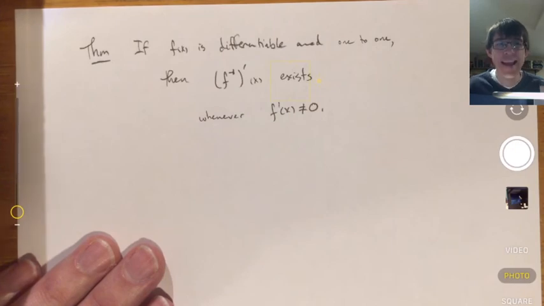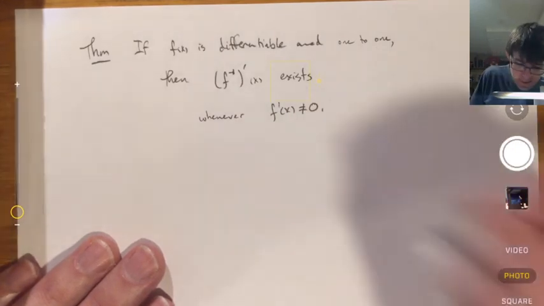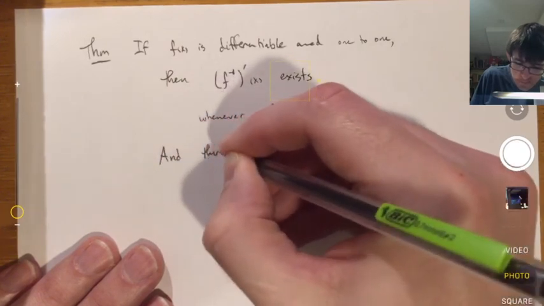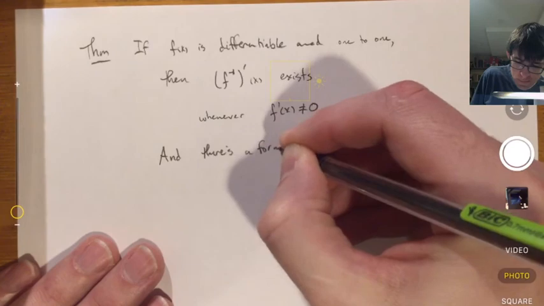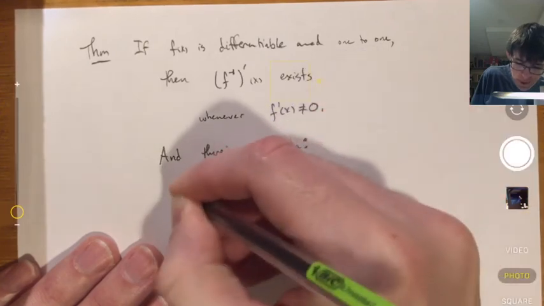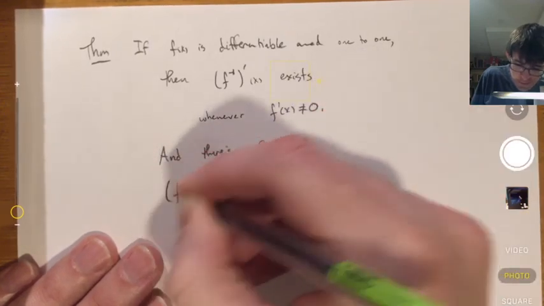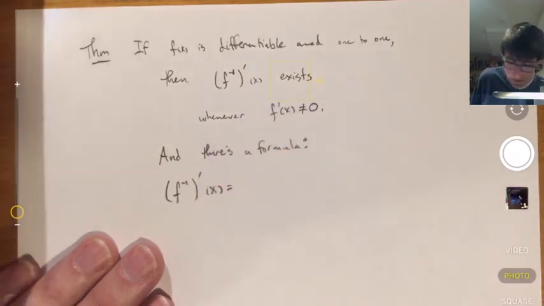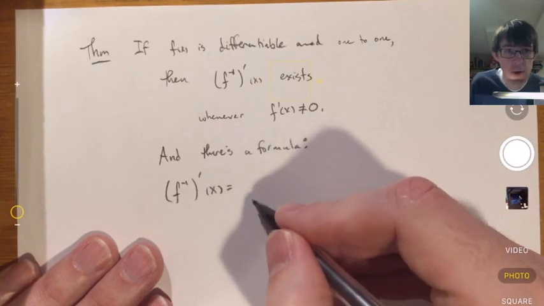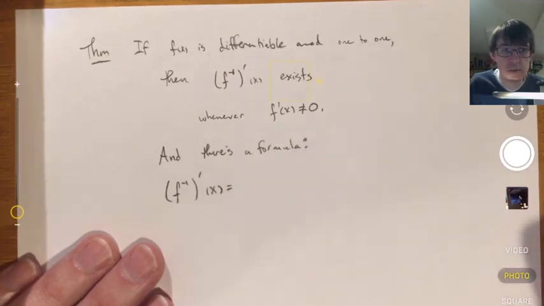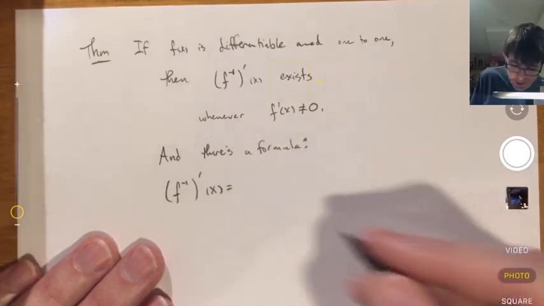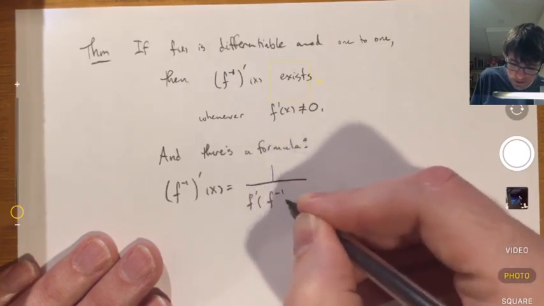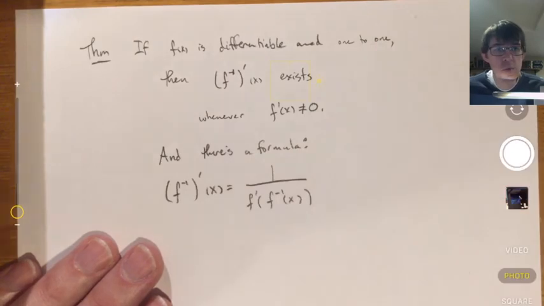All right? And, in fact, there's a formula for the derivative of the inverse. Check it out. I'm going to write the formula, and then we'll talk about why this formula is true. The derivative, so f inverse prime, that is the derivative of f inverse of x, is this: 1 over f prime of f inverse of x. This is a weird but true formula.